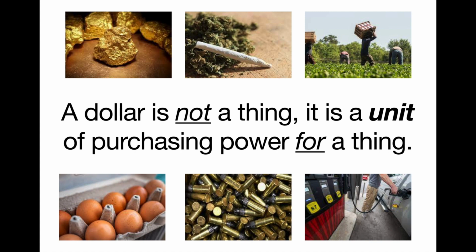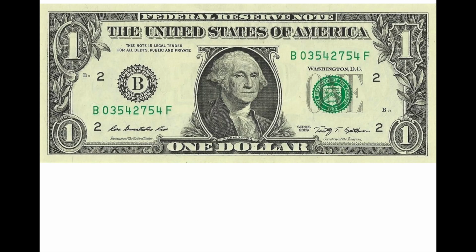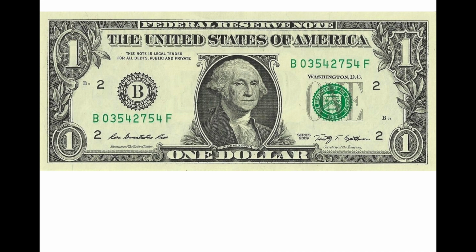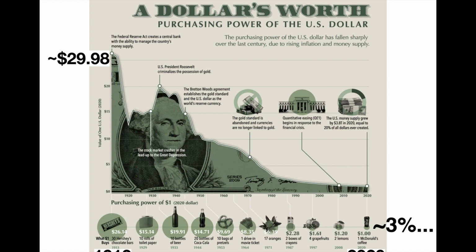We have to learn to think about a dollar as a unit of purchasing power, not as a thing in and of itself. So the next time someone asks you for a dollar, like the IRS, the natural response ought to be, a dollar? A dollar of what? Well, from the Federal Reserve Act of 1913 to 2020, a dollar has lost basically 97% of its value.